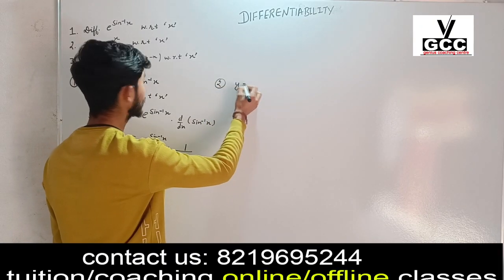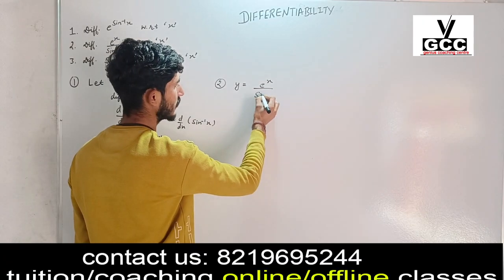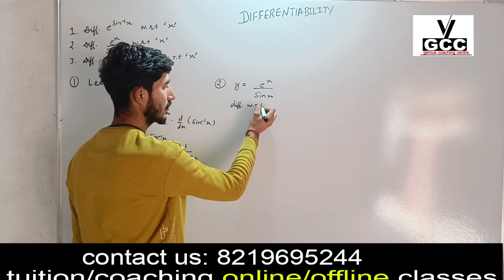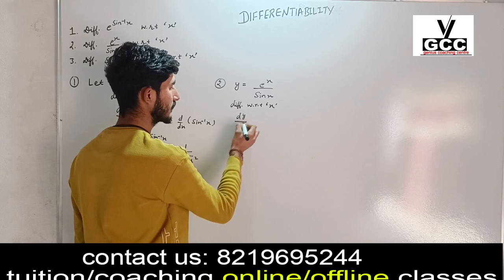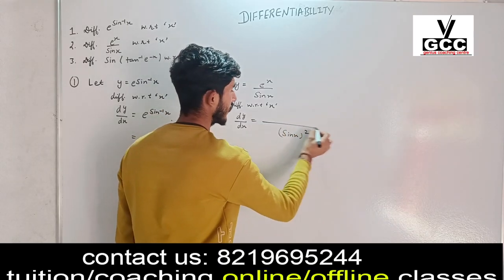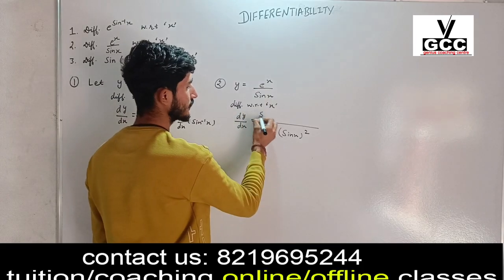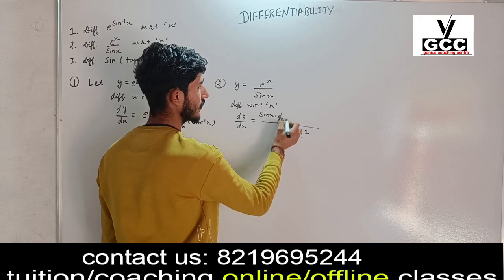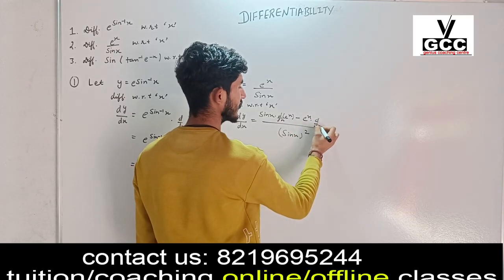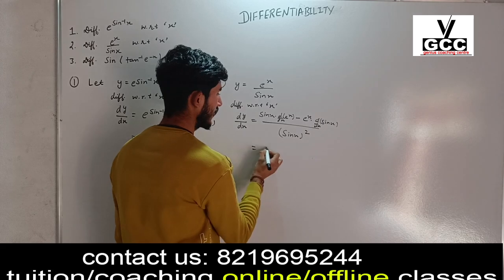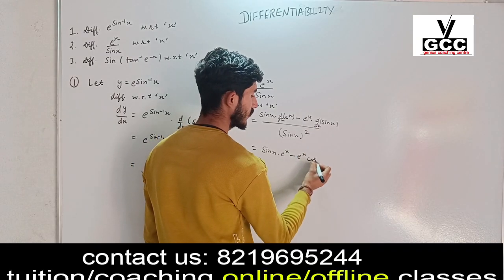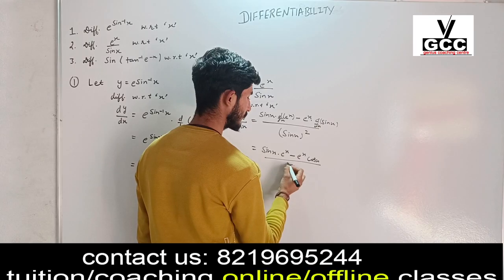So y is equal to e^x upon sin x. We have to apply the quotient rule and differentiate with respect to x. dy/dx is equal to sin x whole square in the denominator. In the numerator, what will we do? We write sin x as it is times the derivative of e^x, minus e^x as it is times the derivative of sin x. Now sin x times the derivative of e^x minus e^x times the derivative of sin x is equal to cos x upon sin x whole square.